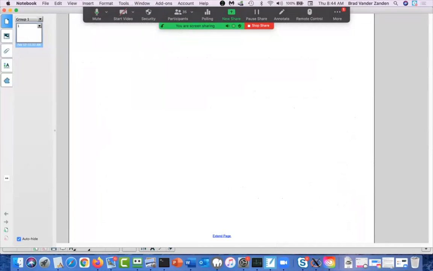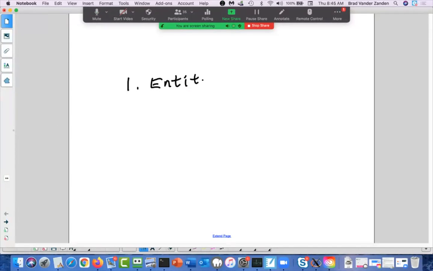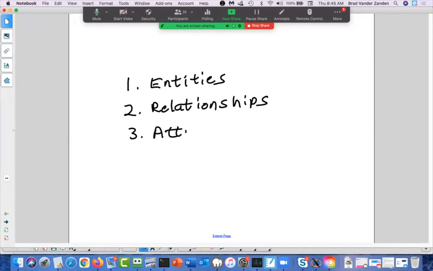The 3 key issues are, when you're looking at a problem description, you want to identify what are the entities, what are the relationships, and what are the attributes, because those are the 3 big elements of the ER diagrams. So you're trying to figure out what is what.